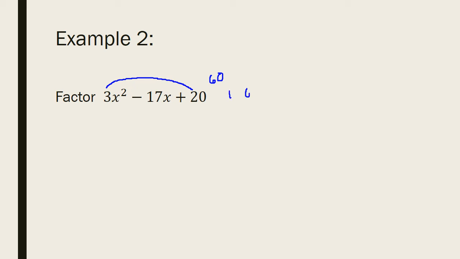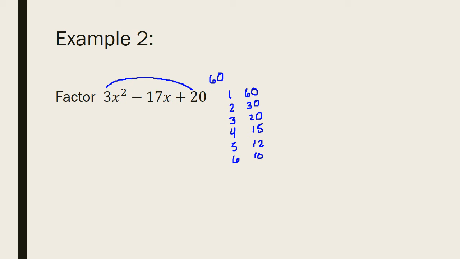It's going to be 1 and 60, 2 and 30, 3 and 20, 4 and 15, and 5 and 12, 6 and 10, 7 doesn't go in, 8 does not go in, and neither does 9. So we've got all of our factors because 10 is already there.